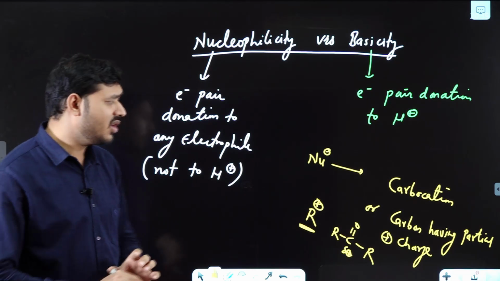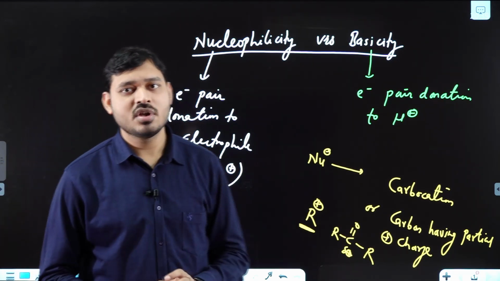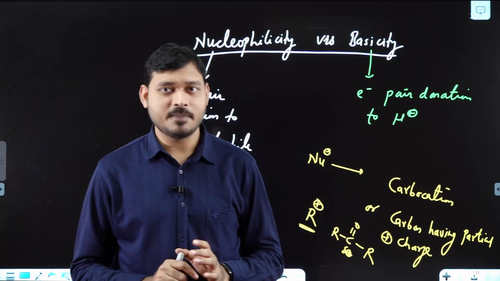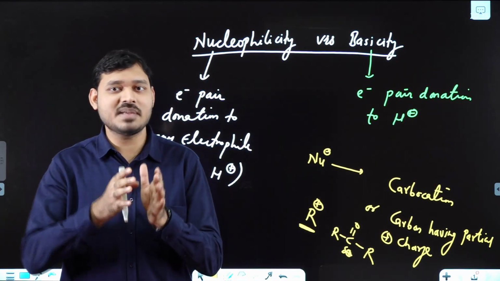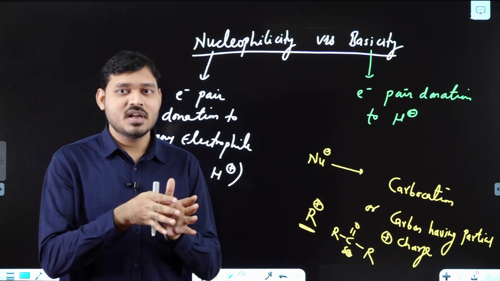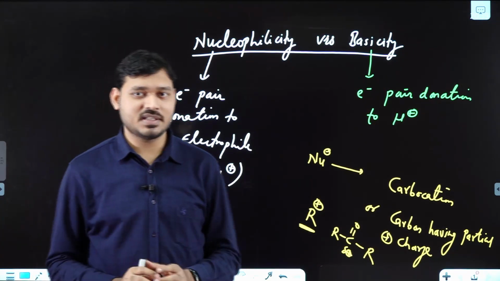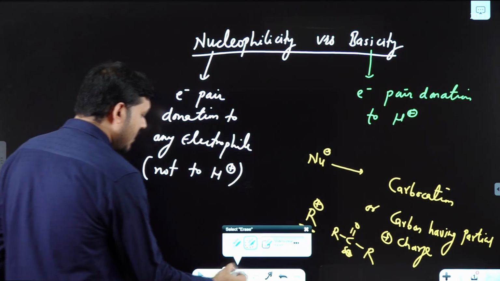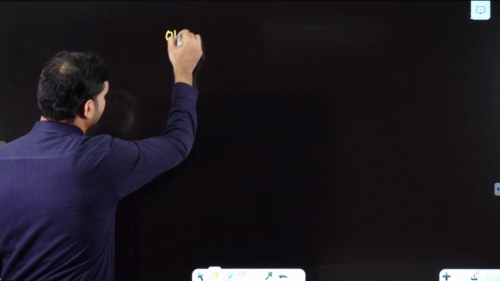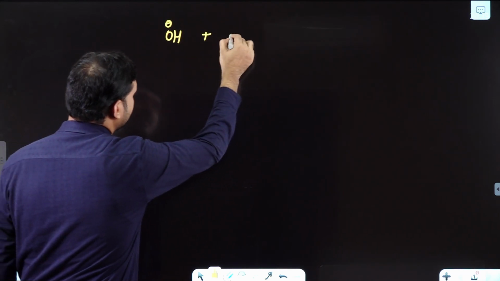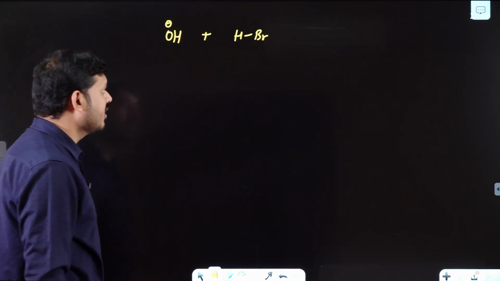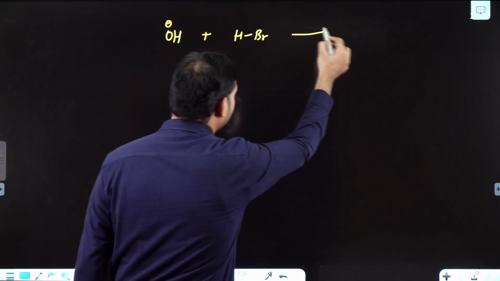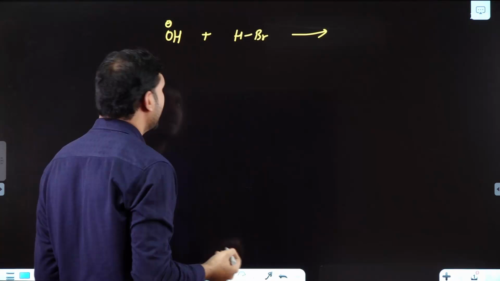Clear? Now what is the reason we need to understand nucleophilicity versus basicity? Because the same species can behave as a nucleophile or as a base. Okay, let me give you one example. Suppose OH minus reacts with HBr. As you know, HBr is an acid, hydrobromic acid, simply hydrogen bromide gas.